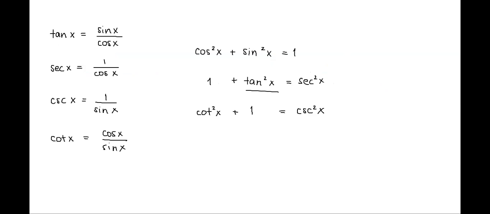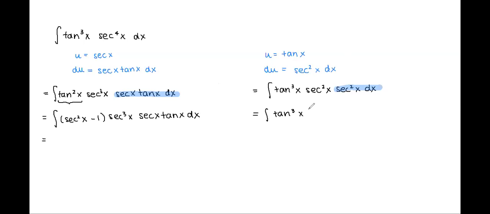So you can replace that term like this. So we'll have 1 plus tangent squared of x, and then again, secant squared of x dx.